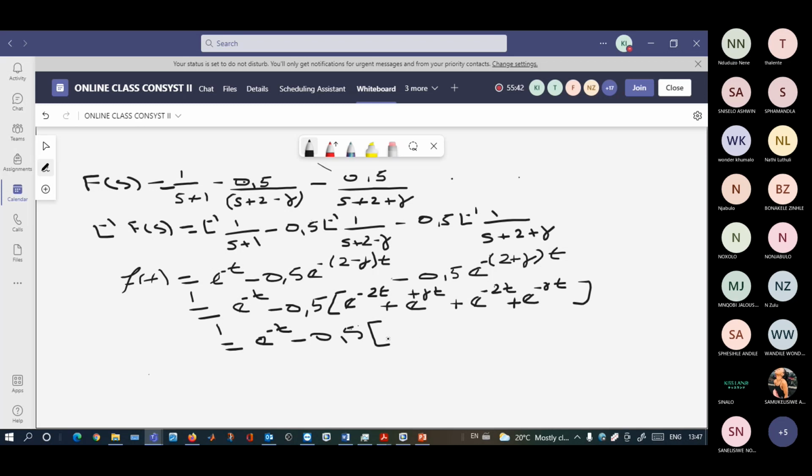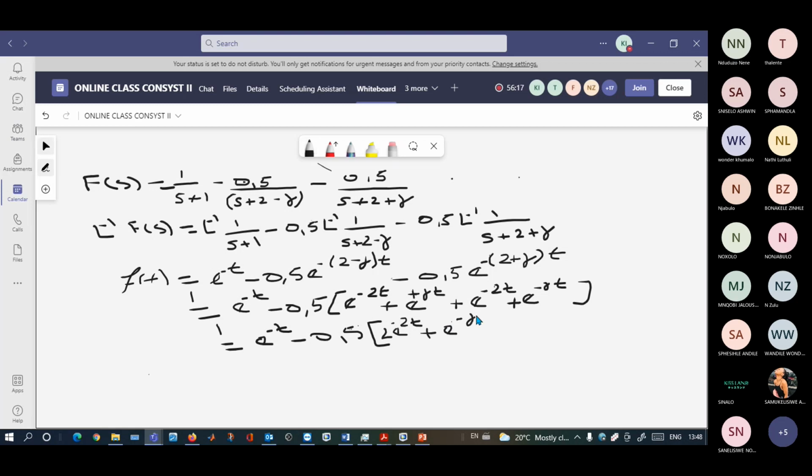Then 2e exponent negative 2t, 2e, then plus e exponent jt, plus 2e again, e exponent jt, exponential j.